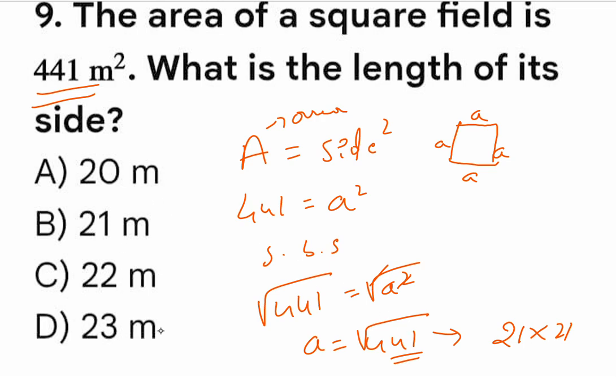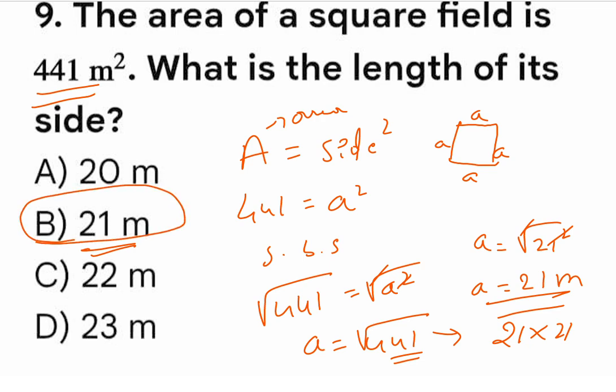So 1 into 1 is 1 means 21 only, you can cross check it. 441 is 21 into 21. So A is equal to the square root of 21 square. The square and square root get cancelled. Then A is equal to 21 meters. So option B, having 21 meters, is the side of the square.